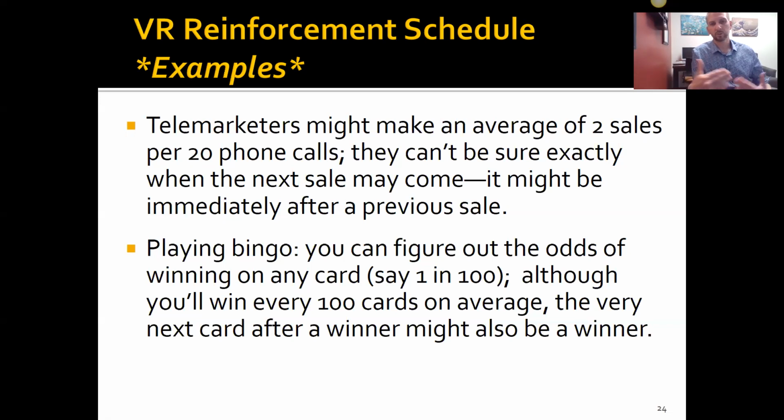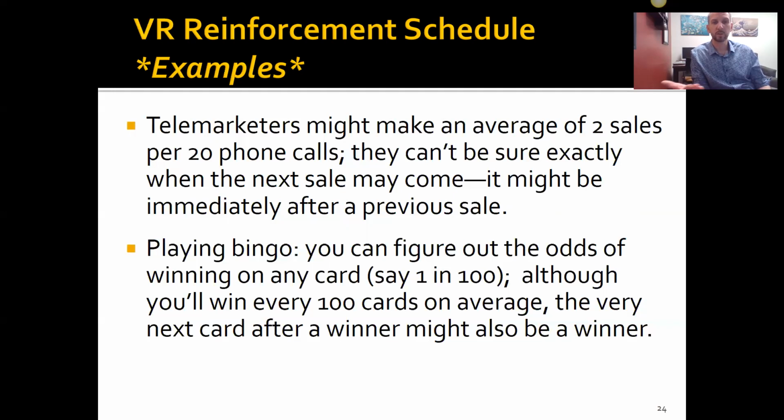But it could also be you can make 100 phone calls and perhaps not have any sales in those 100 phone calls. Because it's random, you just don't know. You also don't know if you make a sale, it could be the very next sale, you also get a sale. Again, that's the unpredictability of it.